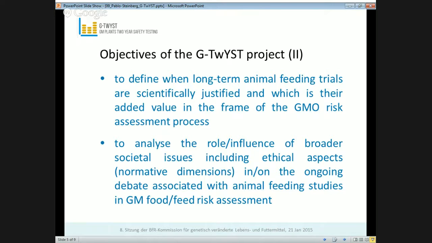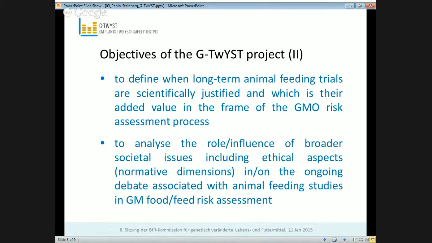These are feeding trials that have to take into consideration a very high number of animals, which are sitting for a very long time. For the rat, 1 year is about 30 years in humans, and that is a question where we have to say, when is this scientifically, and naturally there is also the ethical question behind it, justified?